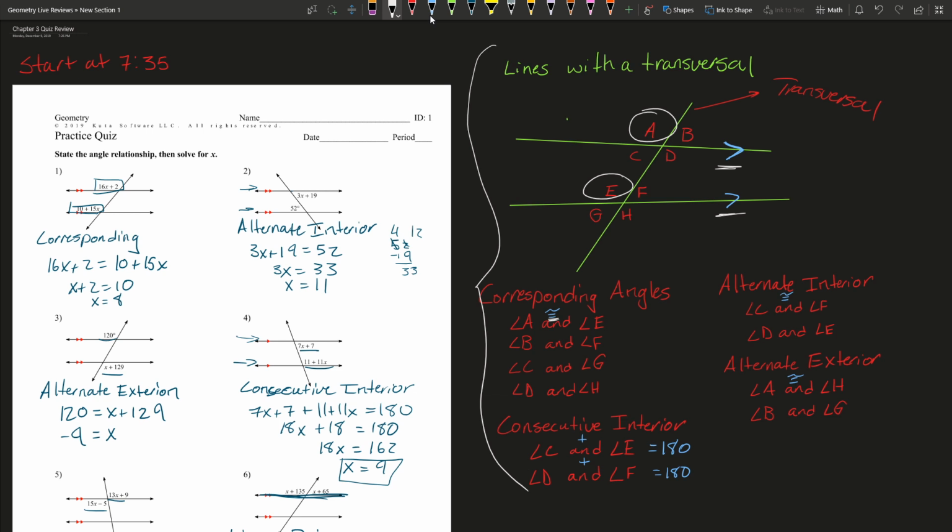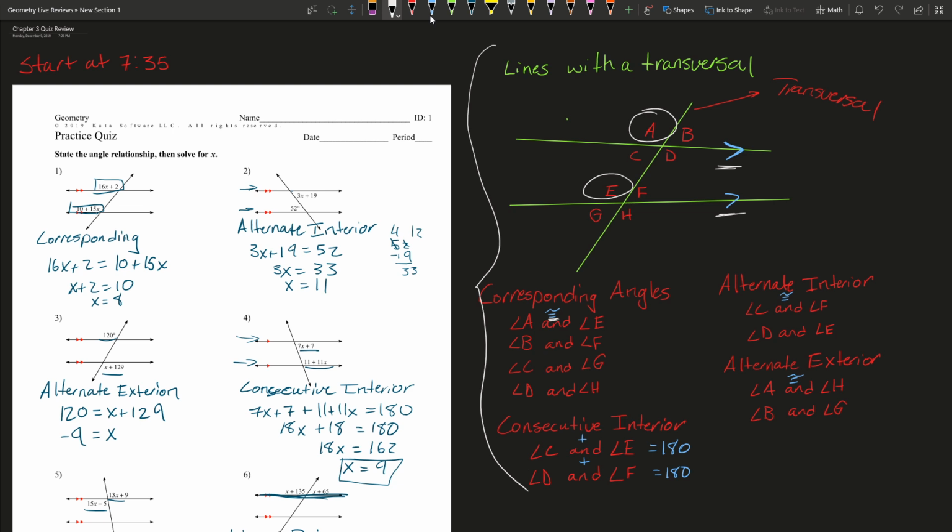The other relationship we have are alternate interior angles. And if you just focus on the name, you can get the angles. All right, so alternate means opposite sides of the transversal. Interior means inside the two lines. Okay, so C is opposite F, and they're both interior, so those are alternate interior angles.